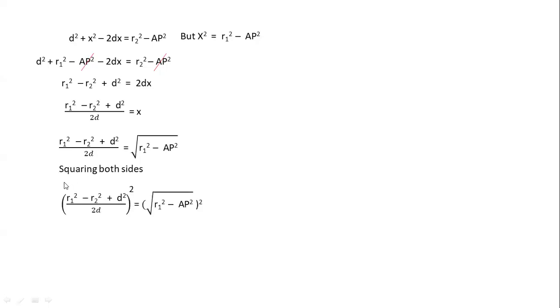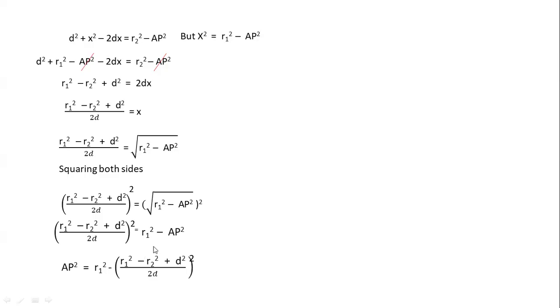Because of this, square and root cancel, it will be only (R1 square minus R2 square plus D square upon 2D) raised to 2 is equal to R1 square minus AP square. Take AP this side and bring this full bracket to the left. It becomes AP square is equal to R1 square minus this whole thing.